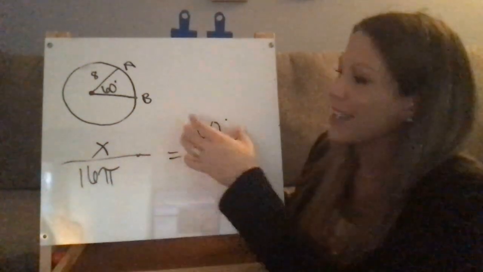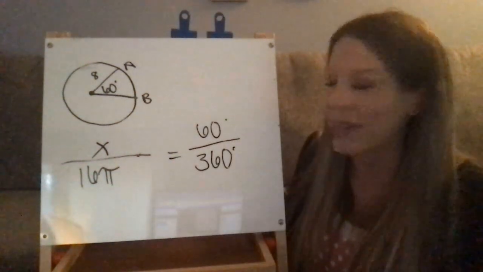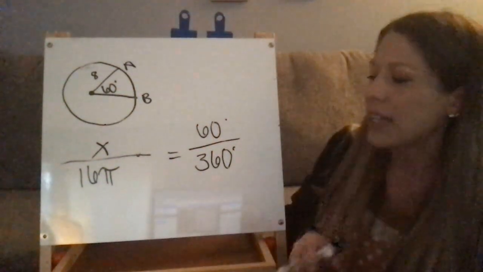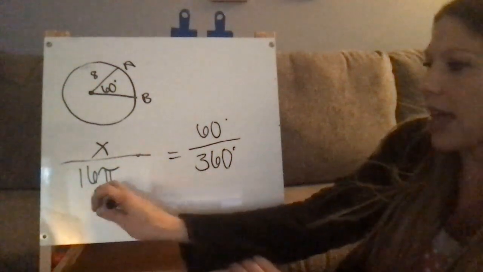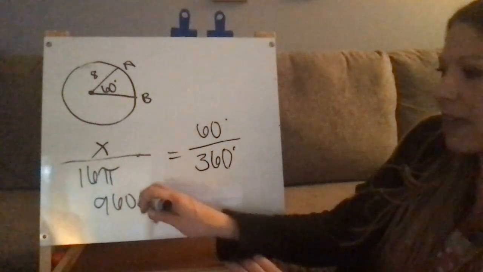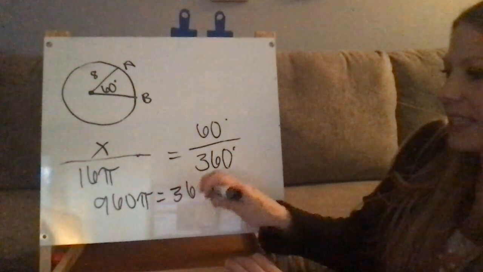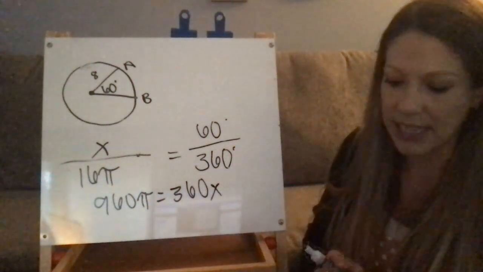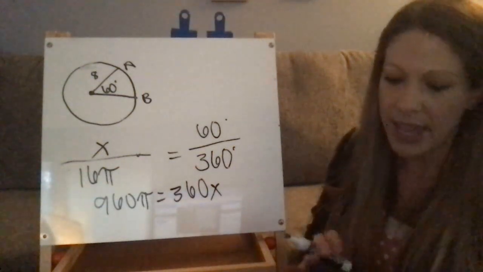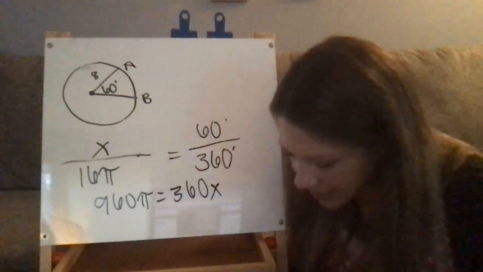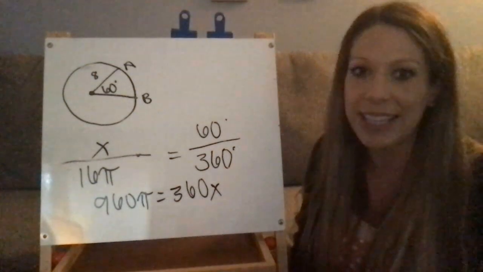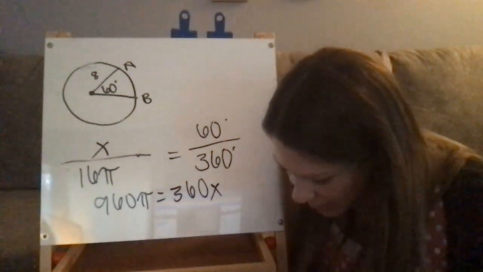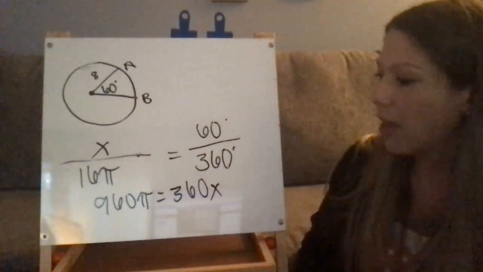So we take 16 pi times 60, which is 960 pi, equals 360x. Divide both sides by 360. And I like nice, pretty answers, so if I reduce 960 over 360, I actually get 8/3 pi.